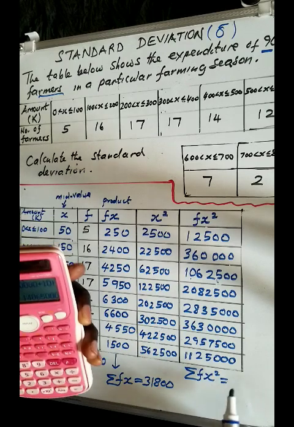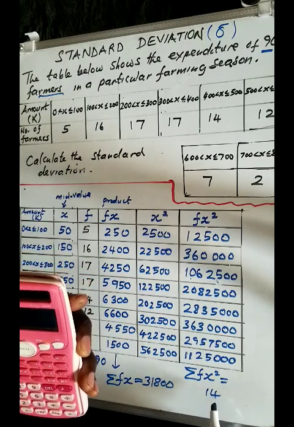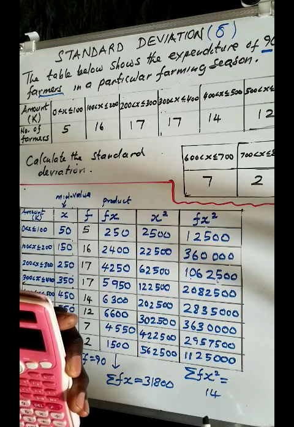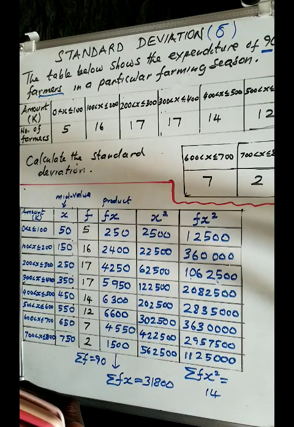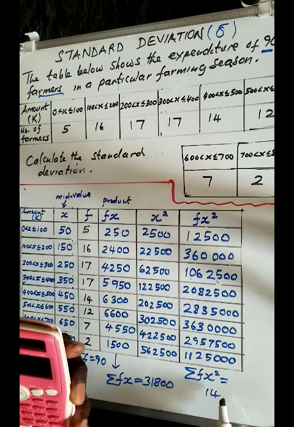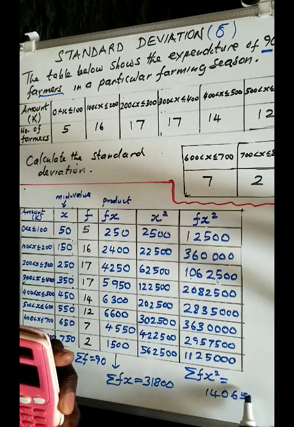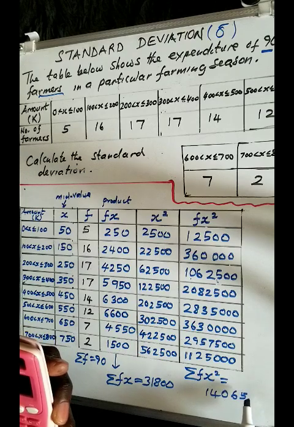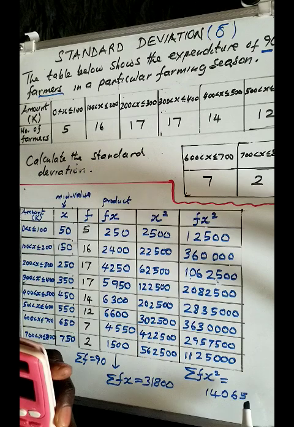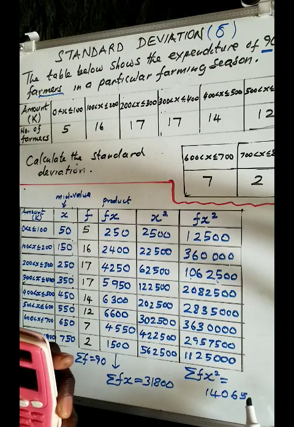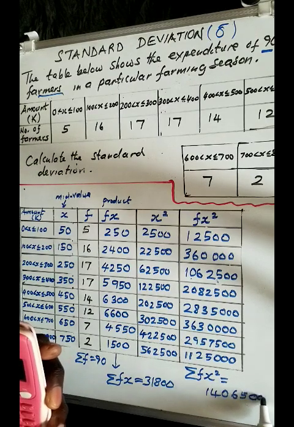So if you add all that, the value that we are getting there is simply 14 million, 6,500. All right, so that is what we are having there.